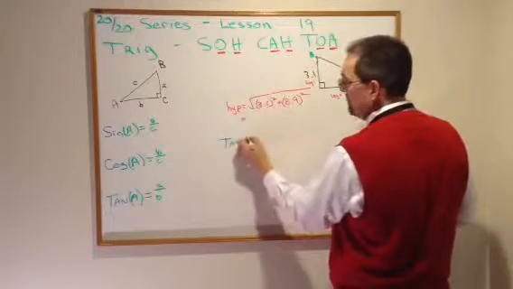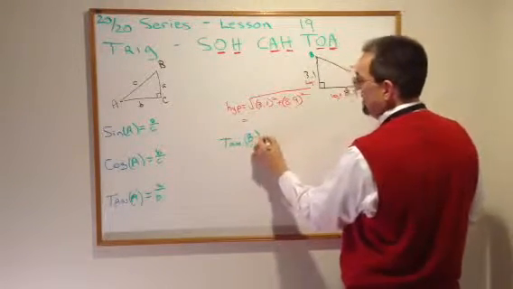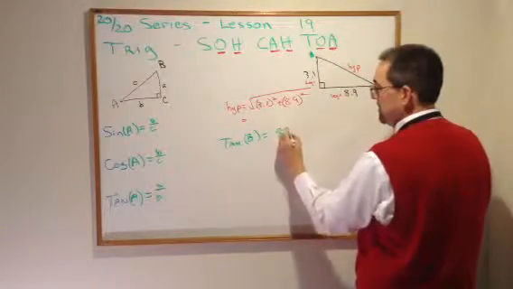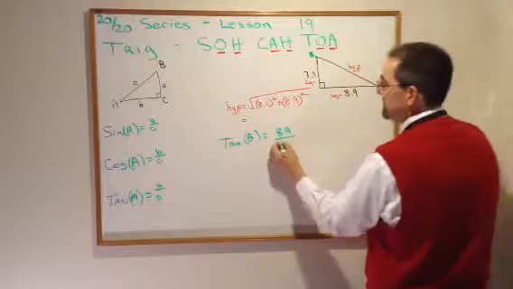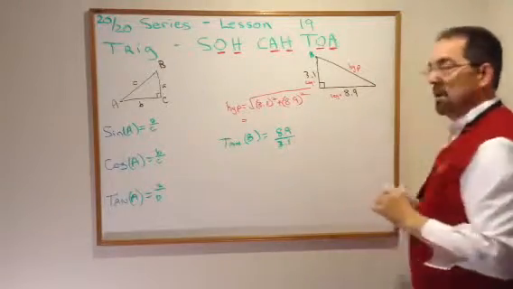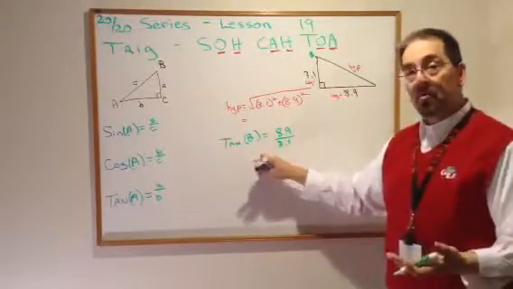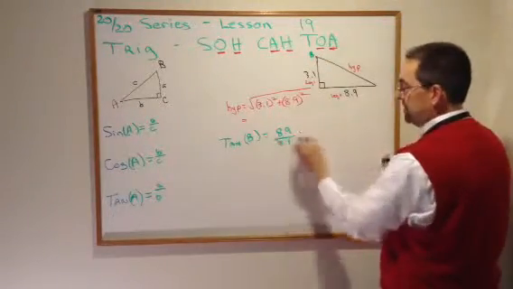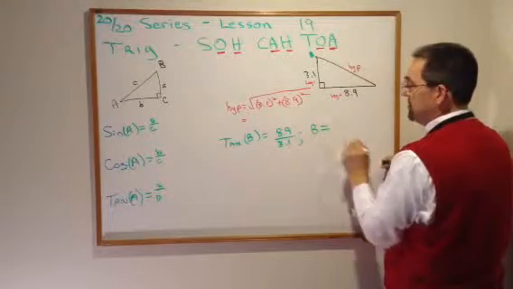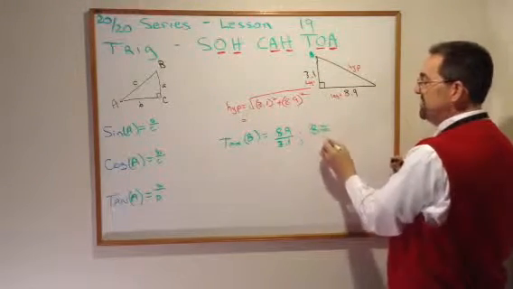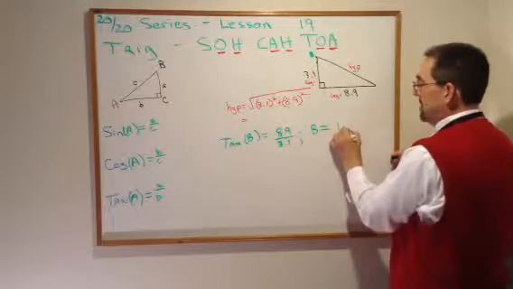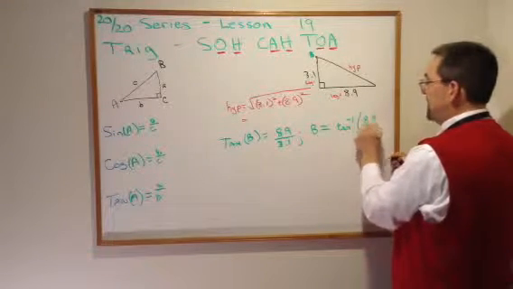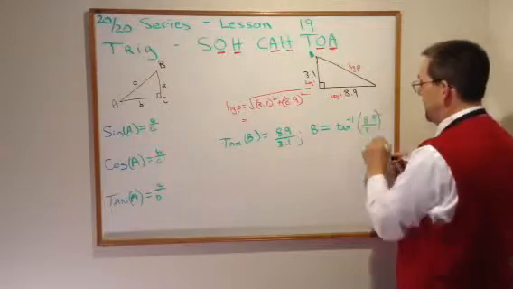So we're going to use tangent. Tangent of B is equal to opposite over the adjacent. But our calculator doesn't do that. We have to use the inverse. So on our calculator, we can rewrite this. B equals, the actual angle measure is equal to the inverse tangent of 8.9 over 3.1.